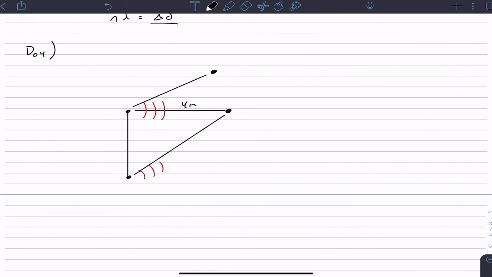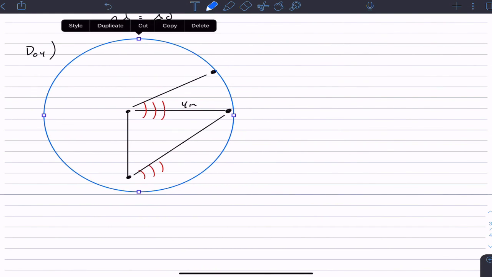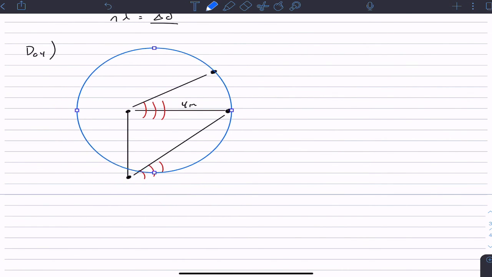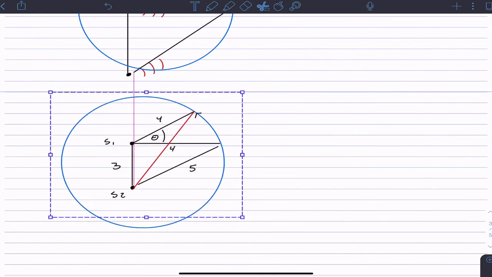And so this is on the arc of a circle. Something like that. Here, I drew a better one.